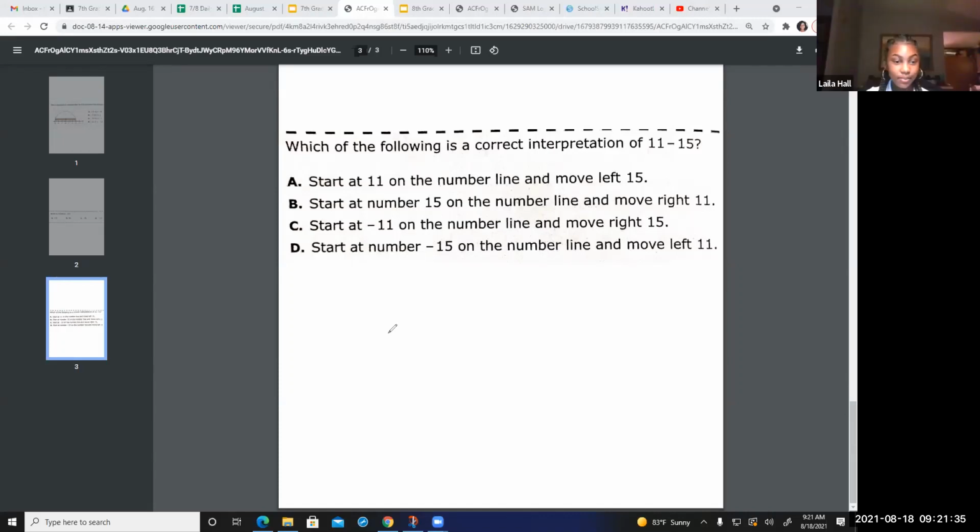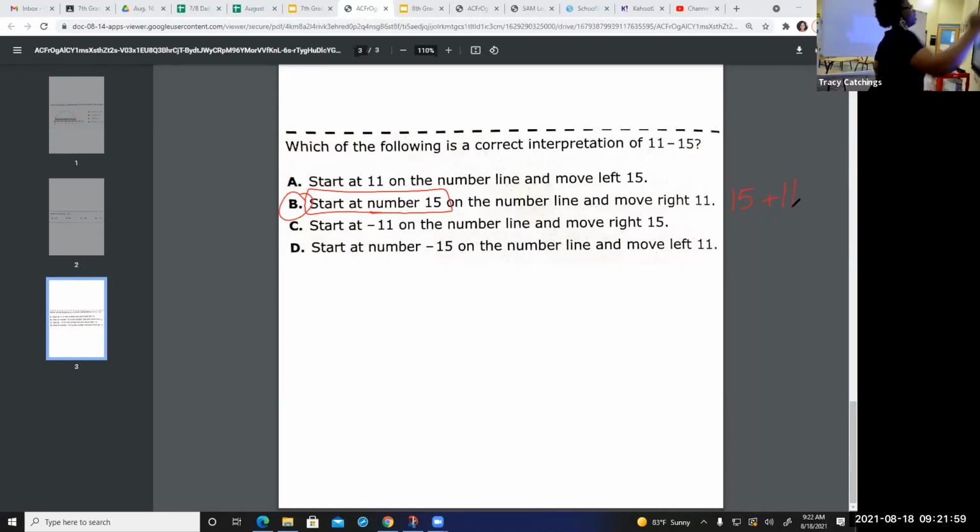I pick B. Pick B, talk to us, Layla. It says start at number 15 on the number line. So I did a positive 15 and move right 11, which would have been a positive 11.